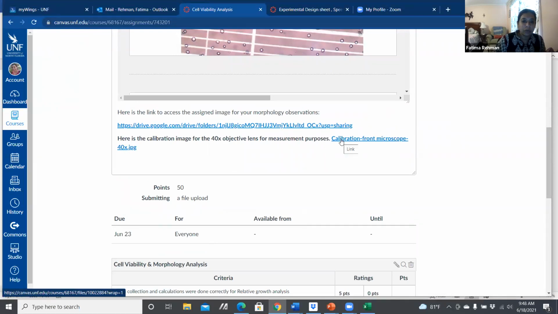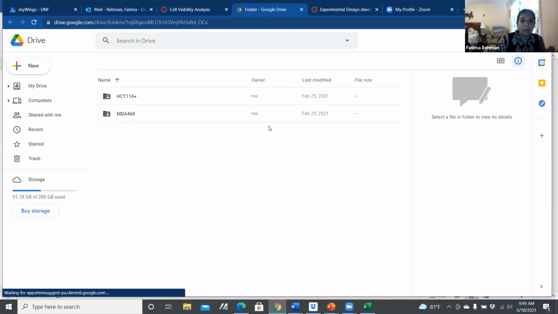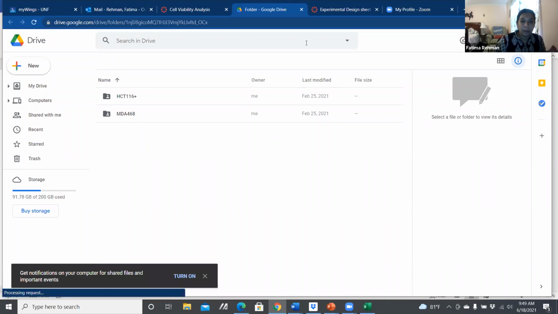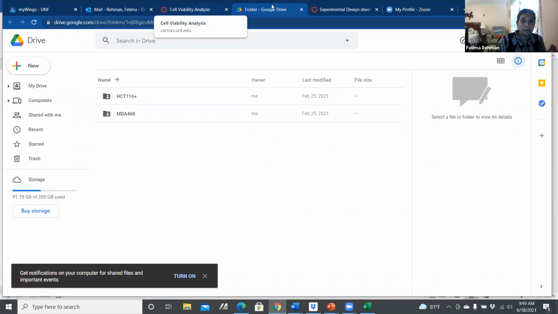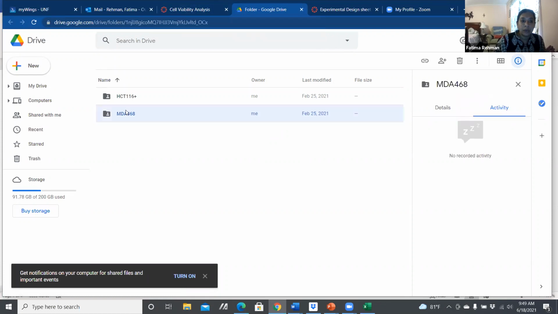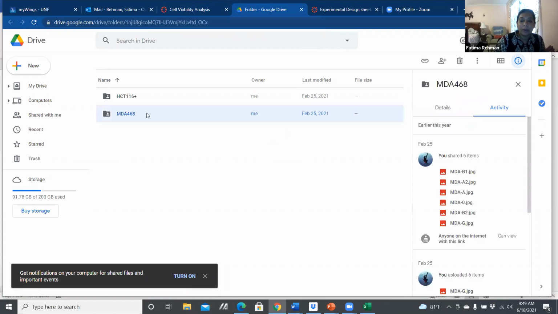The calibration image is right there; you will use it to calibrate your image software so you can measure your cell, just like we did last week. Your assigned image for morphology will be one of the ones in this particular drive. I'll come by and give you your image to examine, and when I give you the label of your image, that's the one you're going to be looking at.